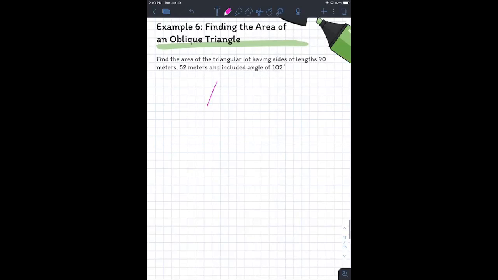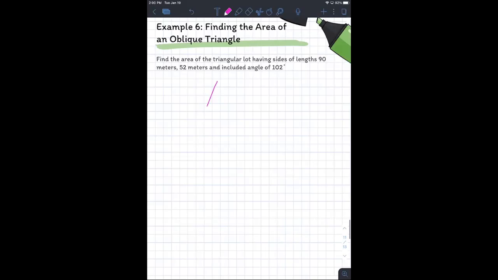Hold on. I hate drawing triangles. I'm really bad at this. There we go. Pretend it's a triangle. Pretend it's pretty. Now my screen is frozen. Really?